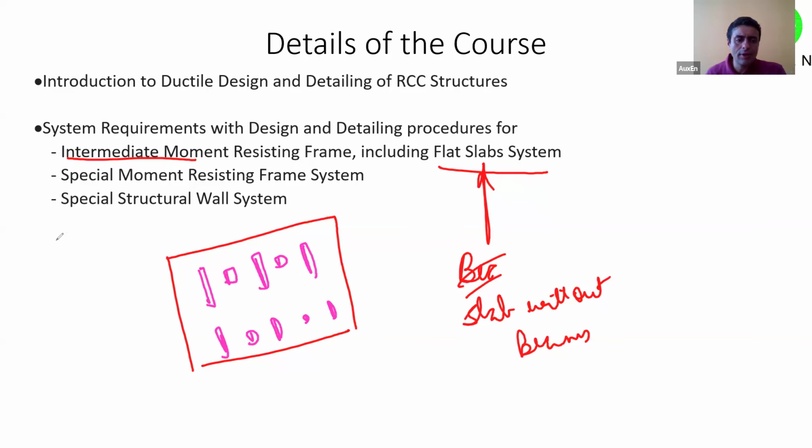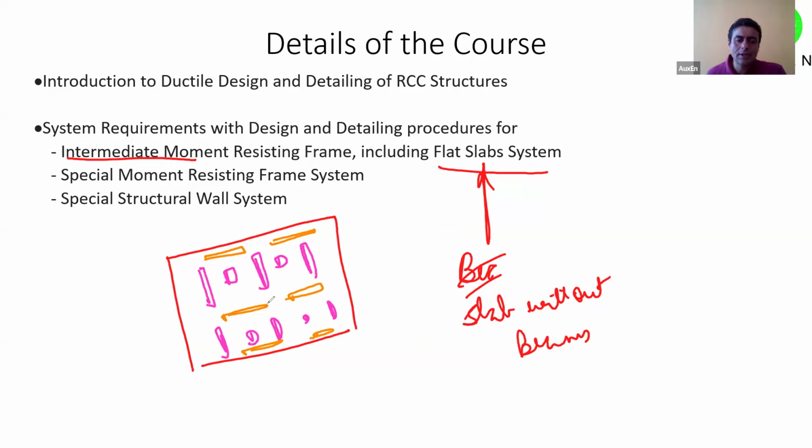From time to time, I will be referring to Indian codes also, because many of the participants are going to be from India. So just to give some context and some reference with the Indian code also, I'll be giving some references to the Indian standards as well.